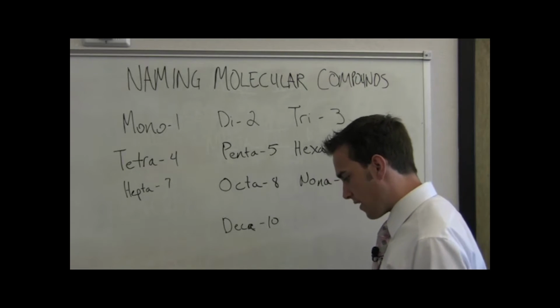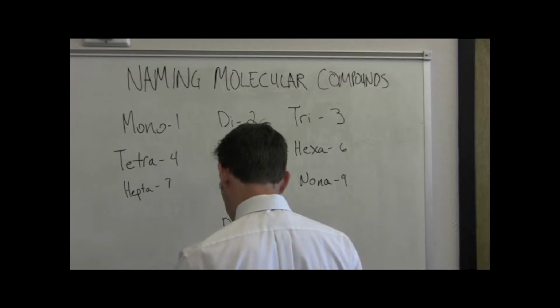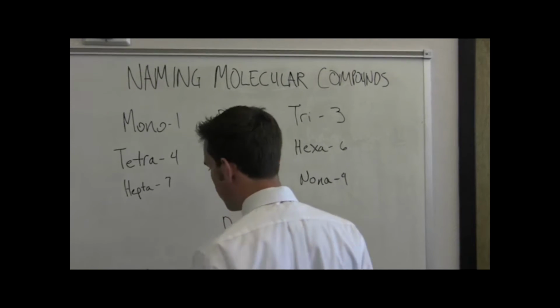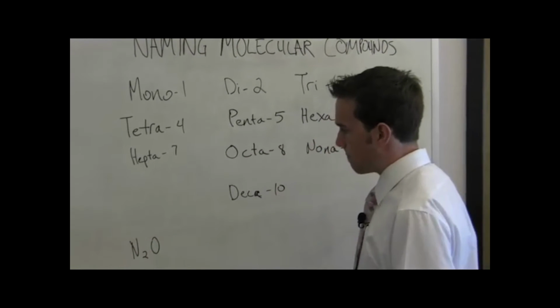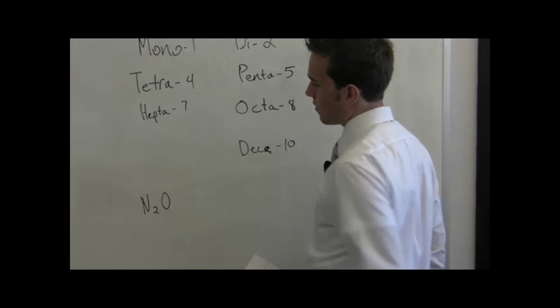If we have the formula N2O, we have 2 nitrogens and 1 oxygen.